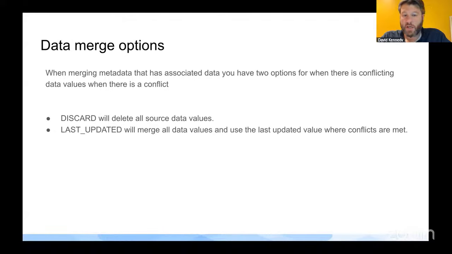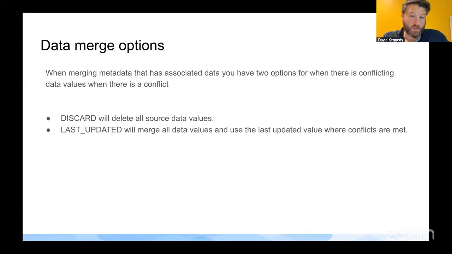The other option is last updated. That will merge data values. So if there's data values that have the same context, so the same org unit, period, category option combination, attribute option combination, for both the source and the target, then the one that was written into the database last will get kept and the other one will get discarded.